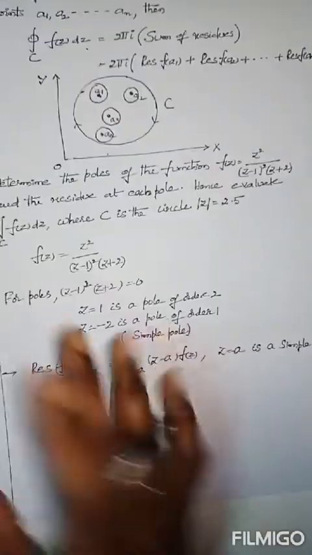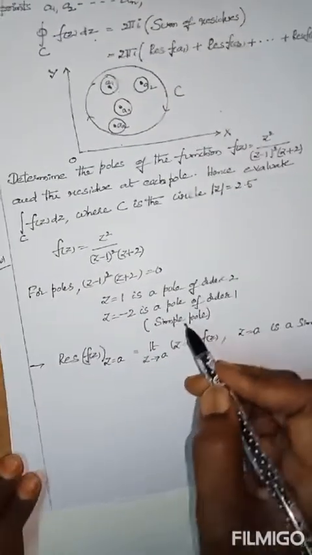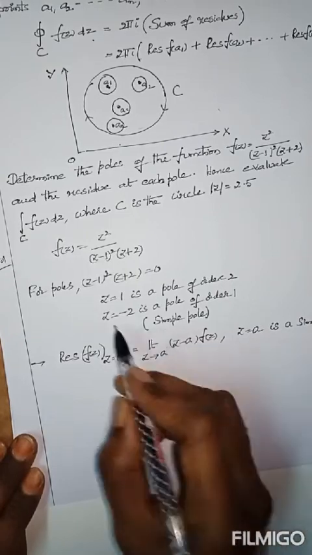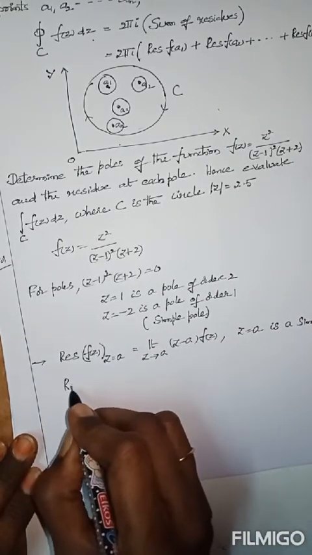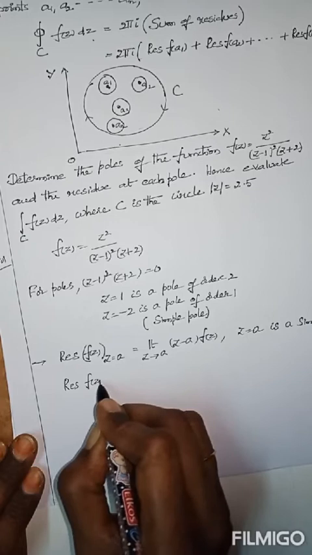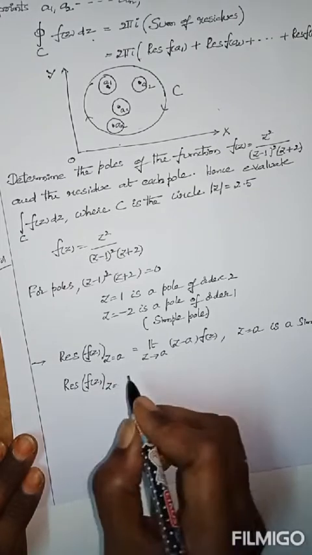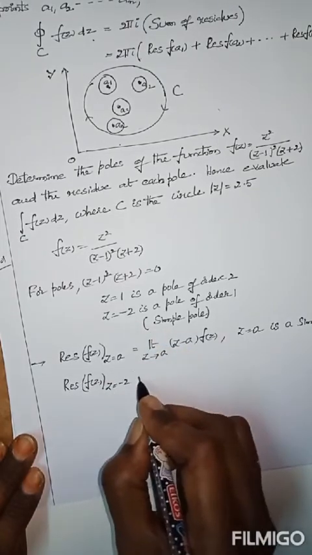Okay, out of two poles we had one simple pole. First we will compute the residue at that point. Residue of f(z) at z equal to the simple pole, which is minus 2.